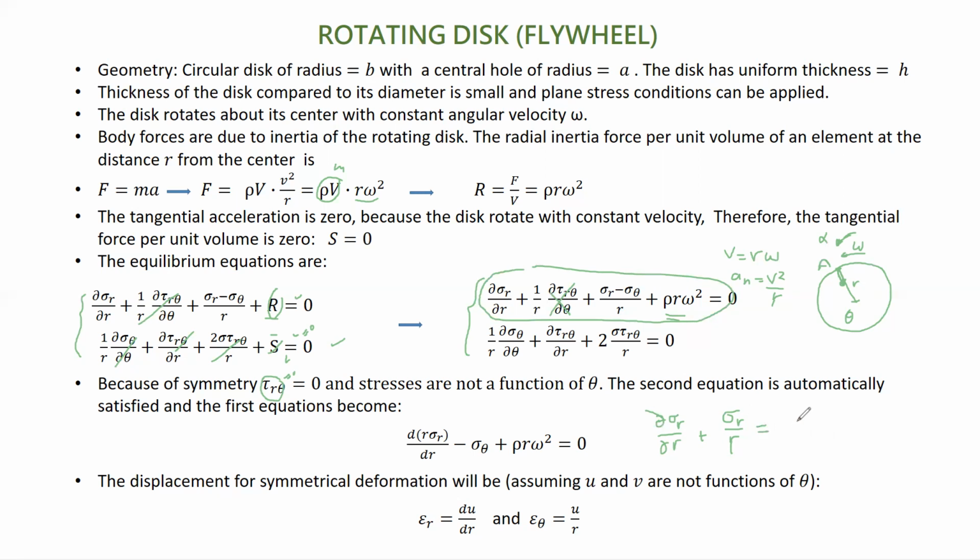And we say this is equal to d over dr of r sigma r. So we replace it with this expression. So if you wonder where we arrived at that solution, otherwise it's the same equation.